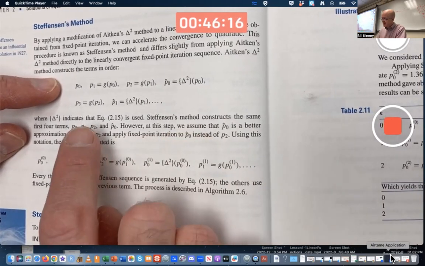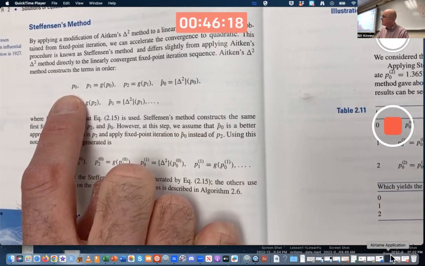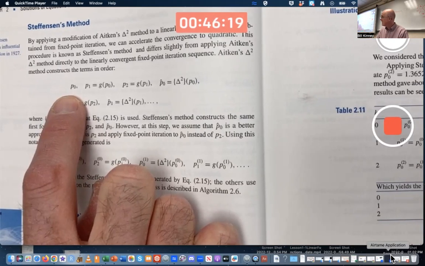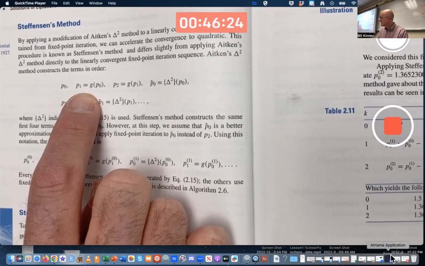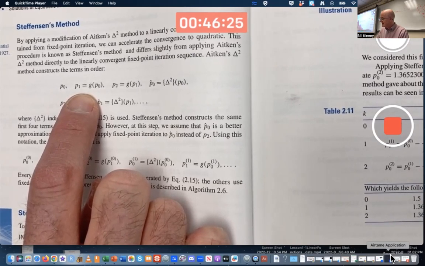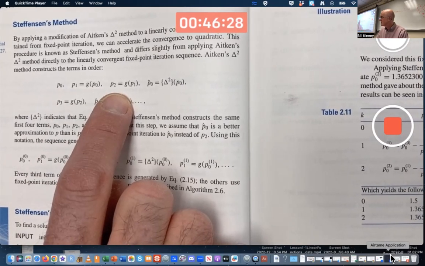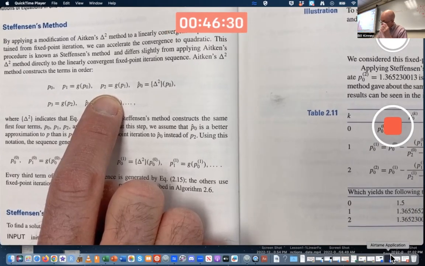With Steffensen's method, you have your initial guess, P0. You plug it into G, which is the cosine function for our example, to get P1. Plug that into G again, the cosine function again, to get P2.